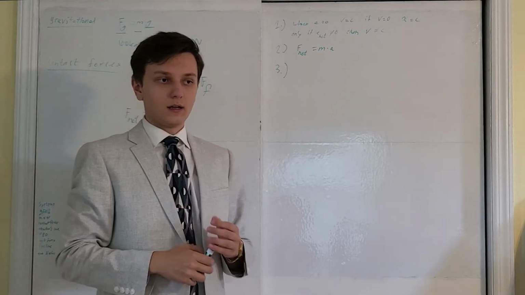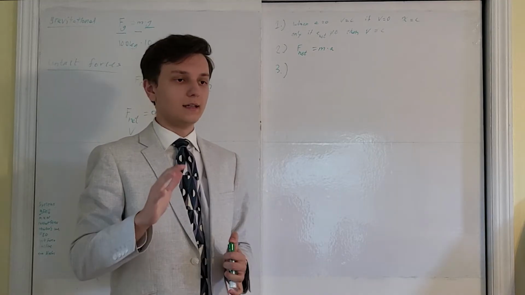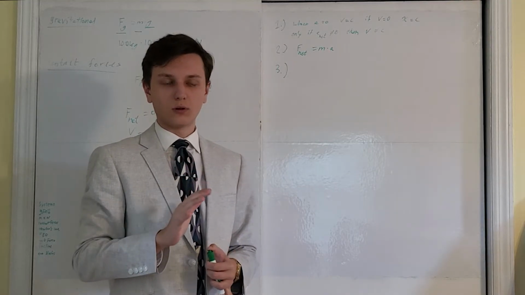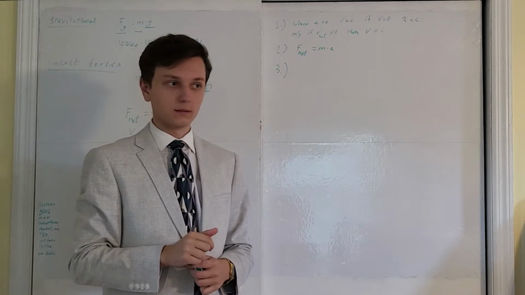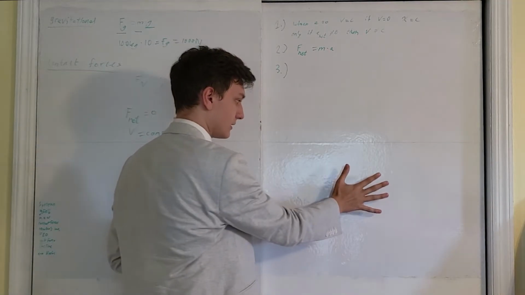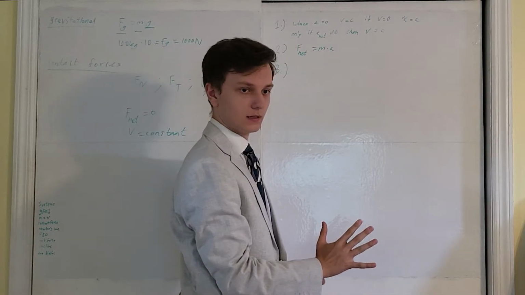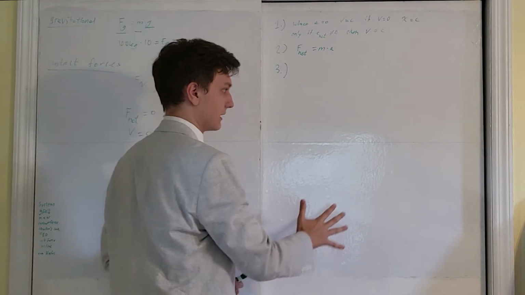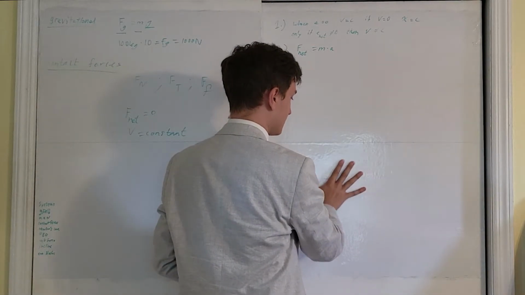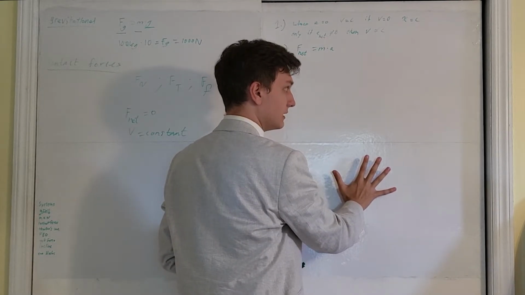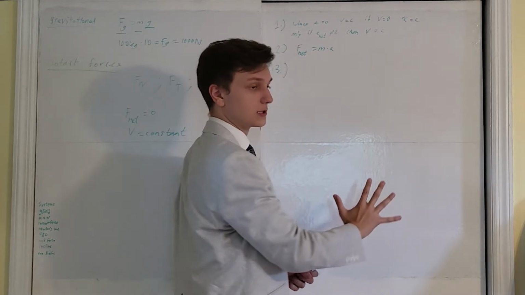Newton's third law: every force is opposed by an equal and opposite force. Meaning, if I push on this wall, the wall is going to push back on me to the best of its ability. In this case, when I push on the wall, the normal force of the wall pushes back on me.